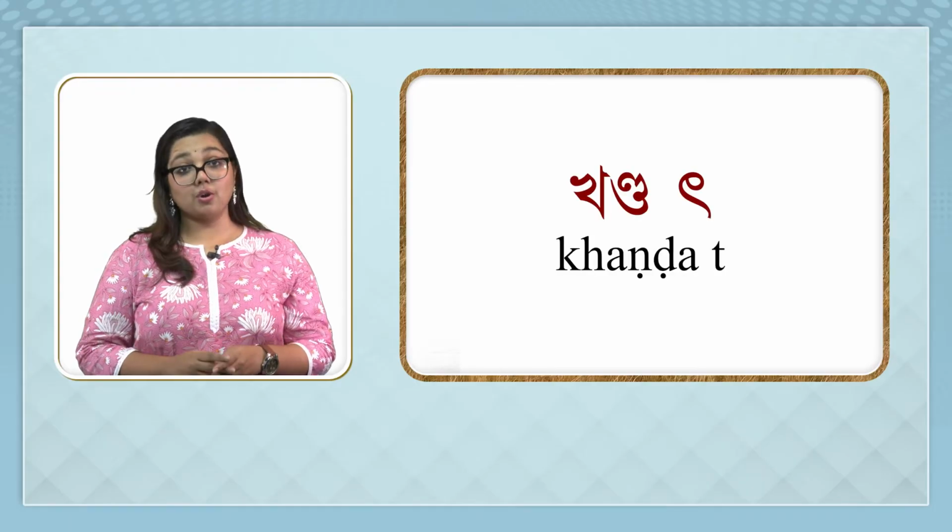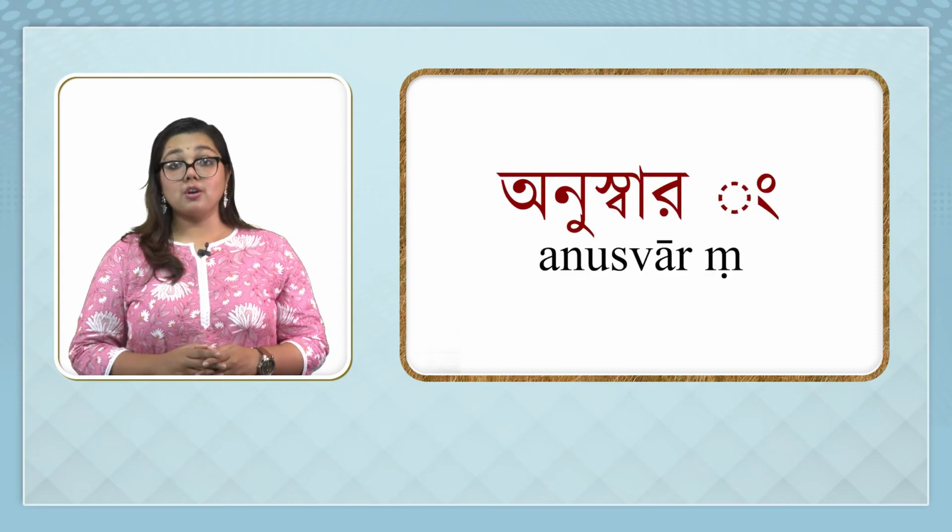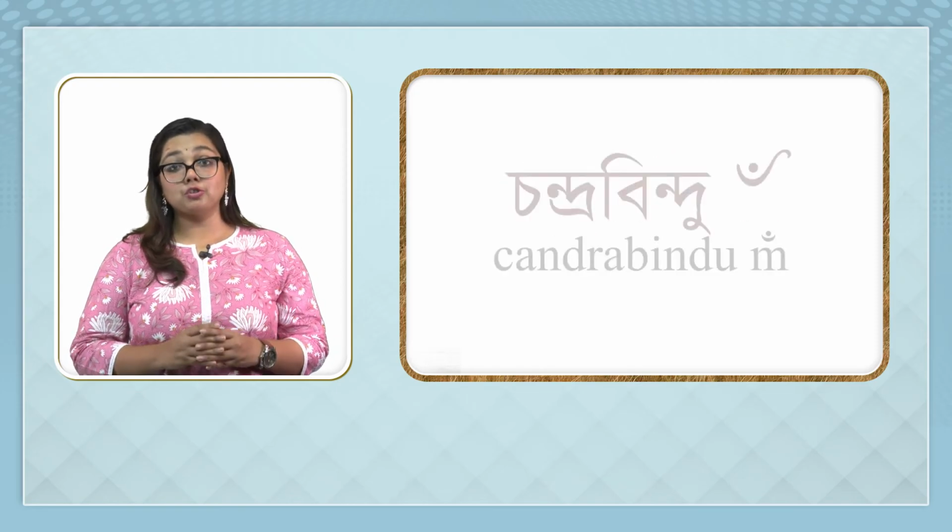The last four alphabets in Bangla orthography are Khondatta, Onushar, Bisharga, and Chandrabindu. They carry a very distinct and unique feature in Bangla orthography.